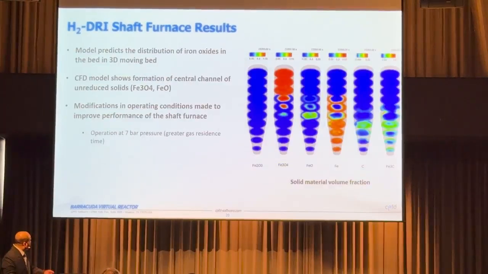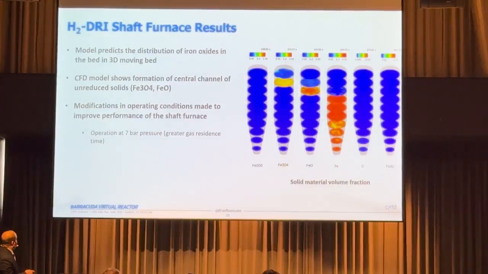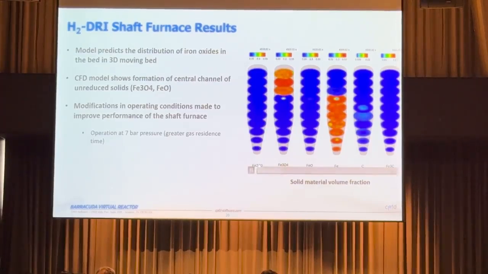What I'm showing here is the same reactor. We are showing some radial slices here. We are showing you firstly the material volume fraction covered by each component down here: Fe2O3, Fe3O4, and then FeO.